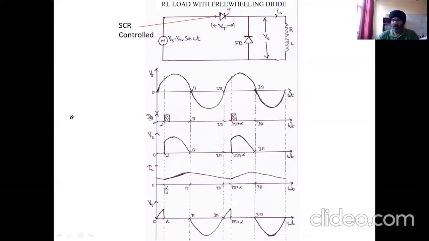So due to diode D2, the freewheeling diode, the current will flow, and it keeps on going. The only difference is angle alpha. At angle alpha, the current starts to develop in the inductor. So there is no negative voltage at the load due to the freewheeling diode.